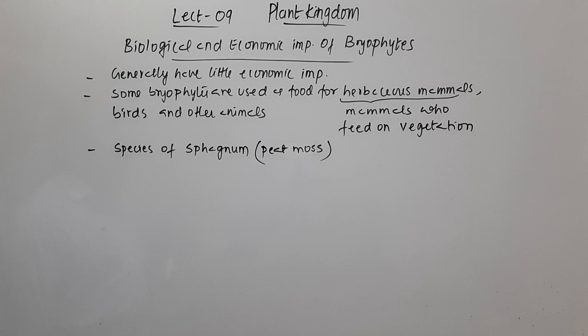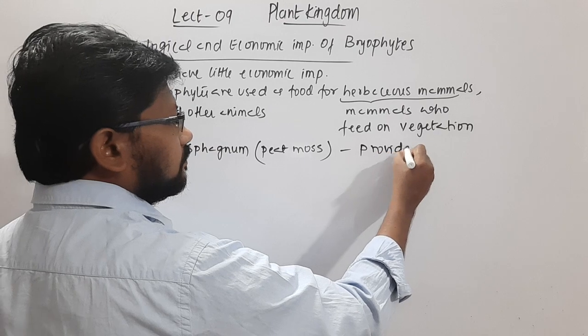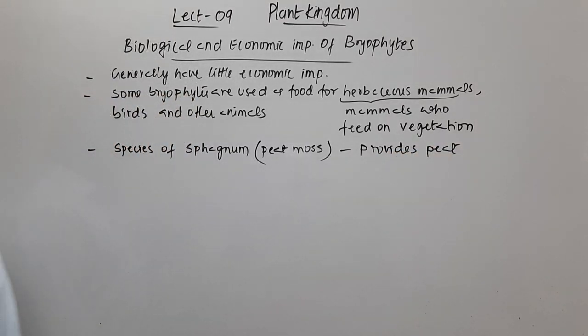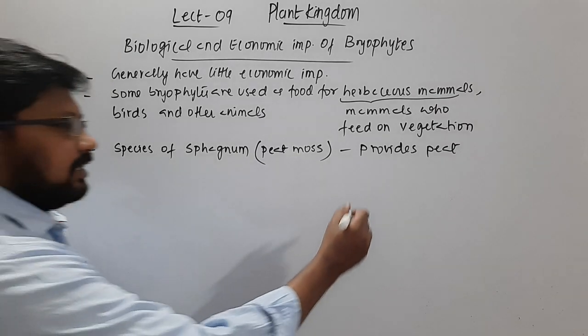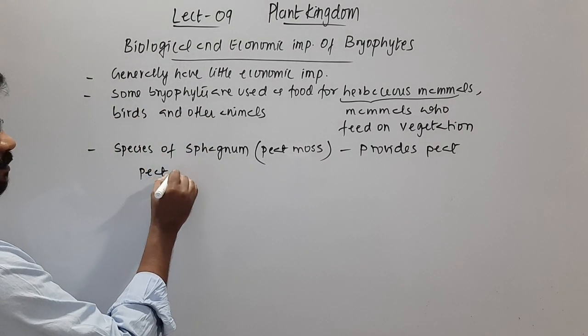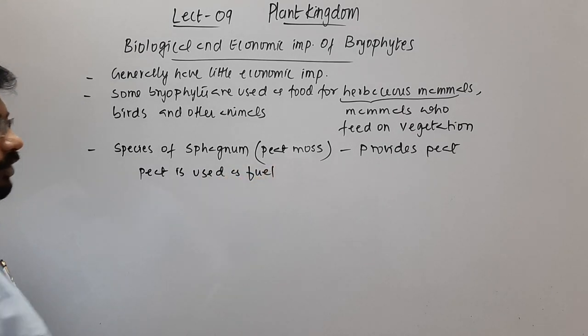Species of sphagnum, commonly called peat moss, provide peat. And this peat is used as fuel.